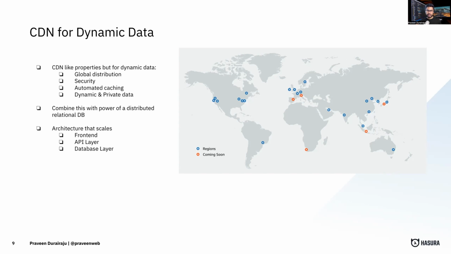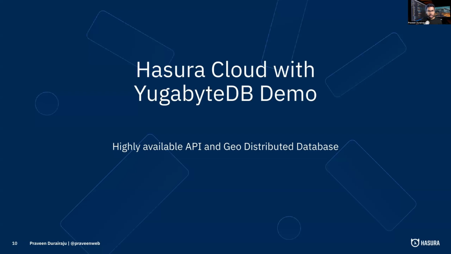And in cases where you're using the cloud versions of Hasura Cloud or YugabyteDB Cloud, you will have all of this taken care of automatically. So you don't need to do the operations side of things. The infrastructure bit is already taken care of by the CDN layers, right? So now let's look at a quick demo with Hasura Cloud setup and a Yugabyte demo.